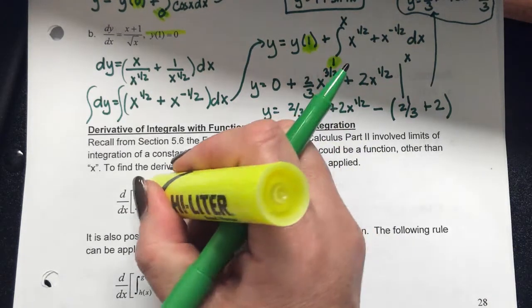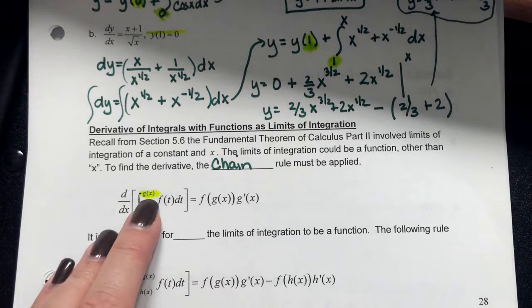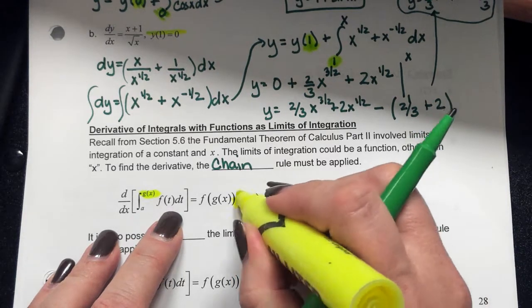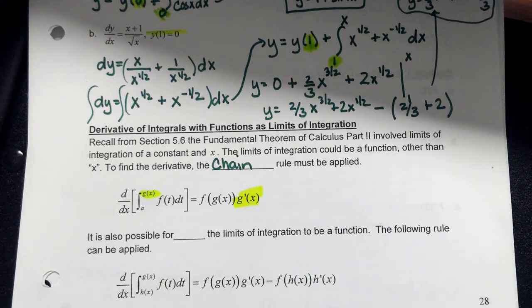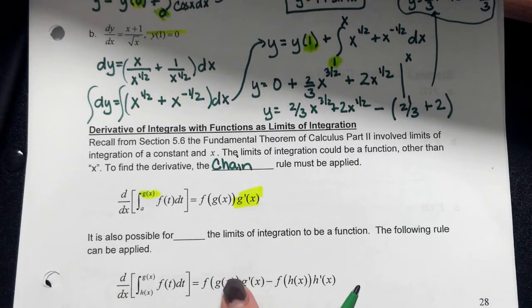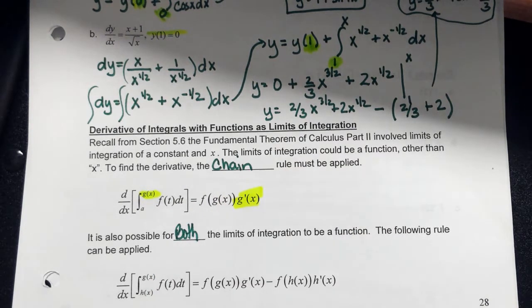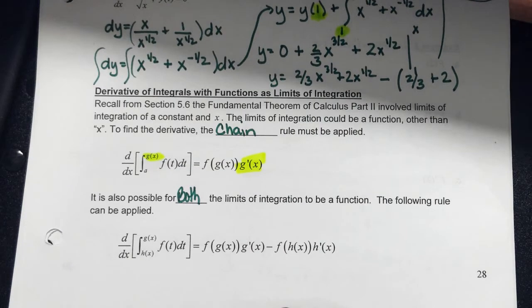But now notice what happens. With this upper bound, what you're going to have to do, after you plug g of x into your function, you end up multiplying by the derivative. So you have to take the derivative of the bound and multiply it. It is also possible for both limits of integration to be a function.